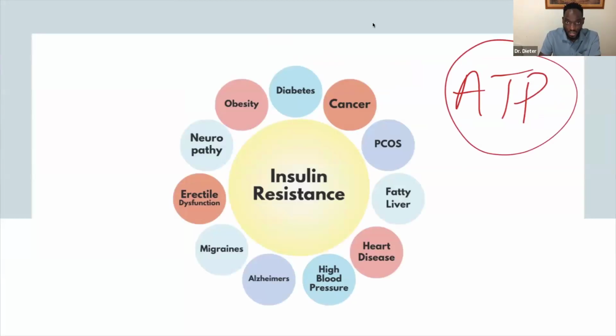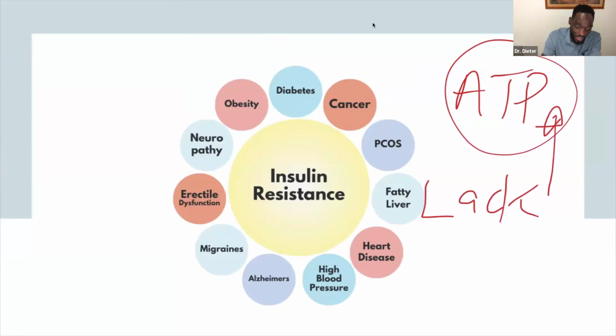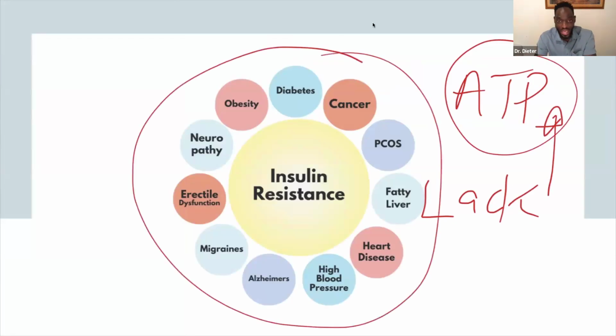I define disease as a cell that has malfunction. And the number one reason why a cell malfunctions is the lack of energy, ATP. When you have insulin resistance, you're going to have a slew of these diseases. And this slide is not exhaustive. Unfortunately, I cannot find a slide big enough to put all the disease conditions that exist in the world that are linked to insulin resistance. So there we have it.